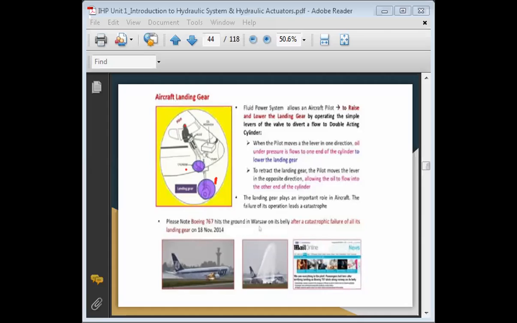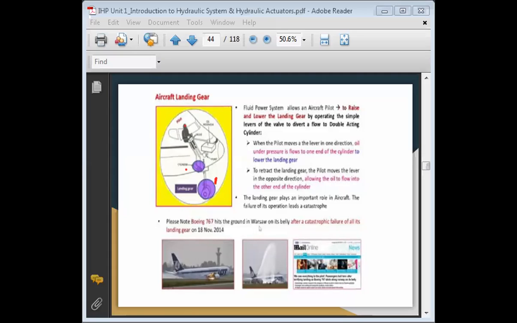Getting it? If the pilot moves like this, in the forward direction, the oil which is under pressure flows to one end of the cylinder to lower the landing gear. To retract the landing gear, the pilot will move the lever in the opposite direction, and by moving the lever to the opposite direction, the oil will flow into the other end of the cylinder.